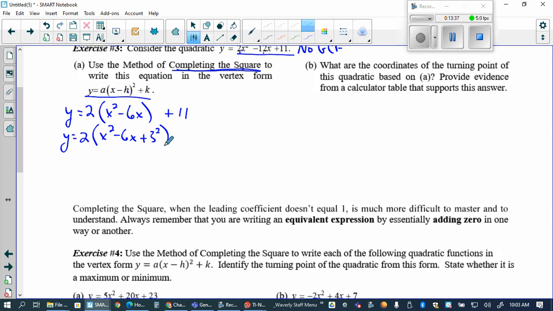How many of these 3 squared did I actually add? 2 of them, didn't I? Right? So now to keep it even, I have to go out here. If I'm going outside the parentheses, I have to subtract more than just 3 squared. What do I have to actually subtract? 2 of them. I have to subtract 2.